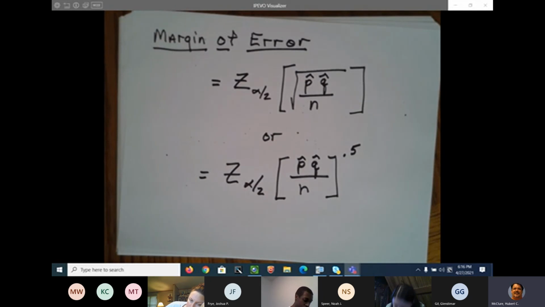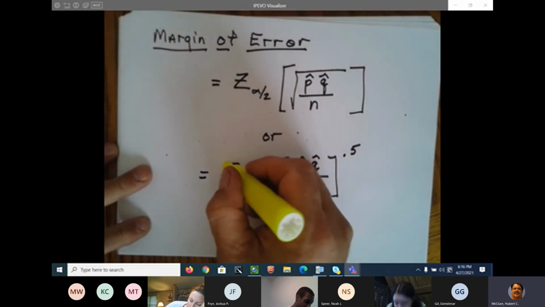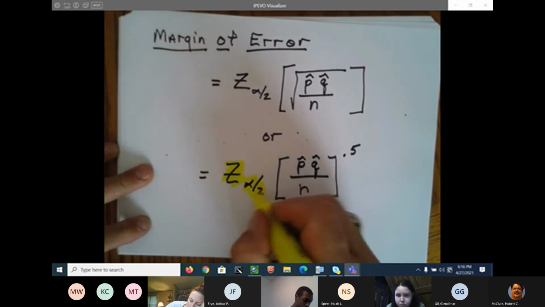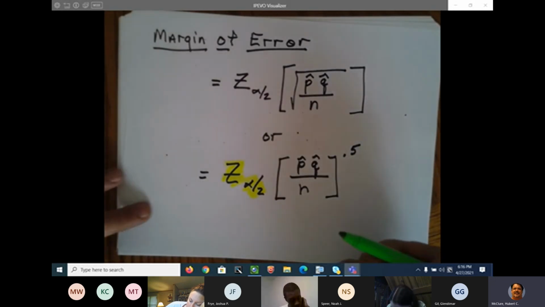So let's talk about this. You have Z, you got that on the index card. You have P hat, you know how to find it.